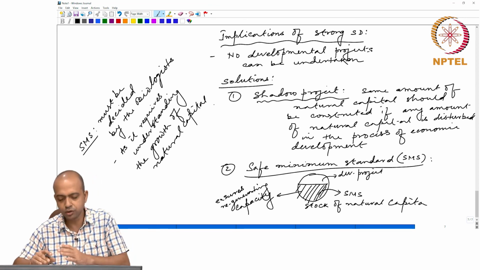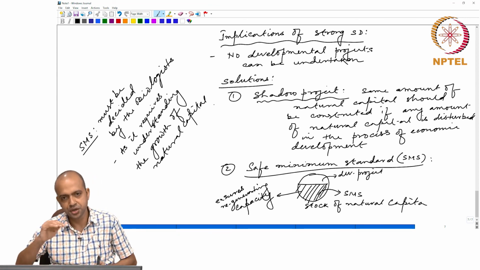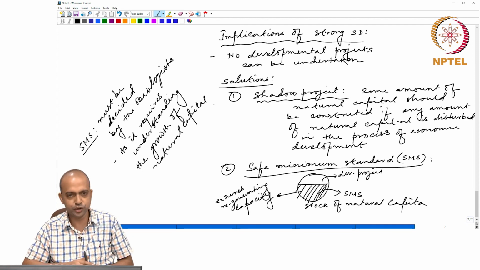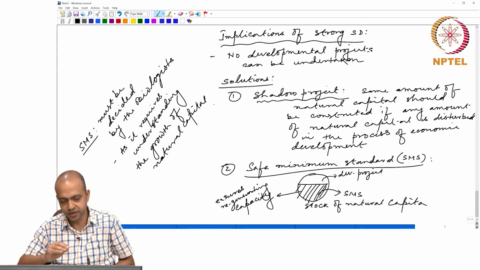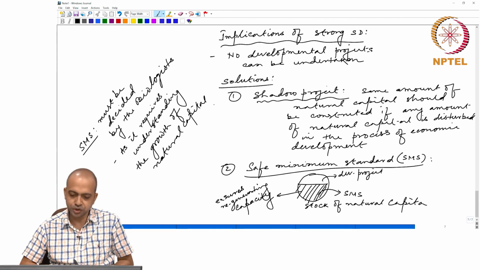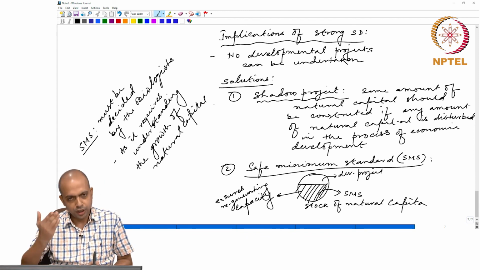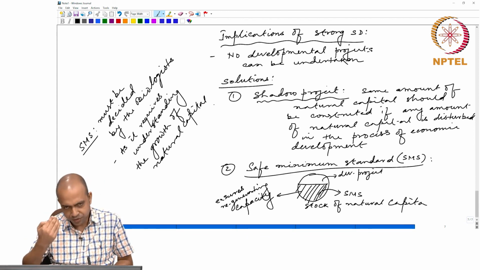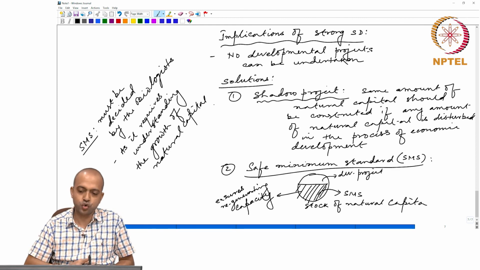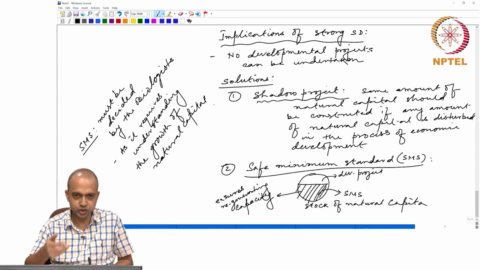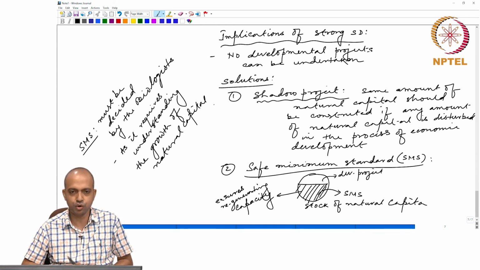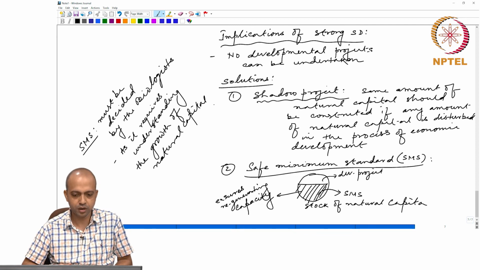So, we must understand what is the growth process of this forest. Depending on that, the biologist will decide the safe minimum standard and developmental project would be allowed on the rest of the amount. So, this is how economists come up with some type of solutions when the strong sustainable development rule imposes a stringent restriction on the developmental project, right.